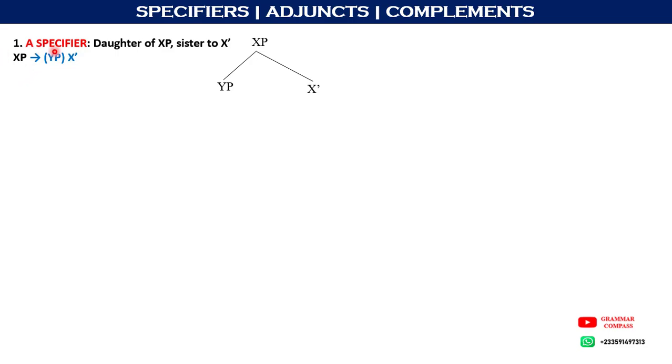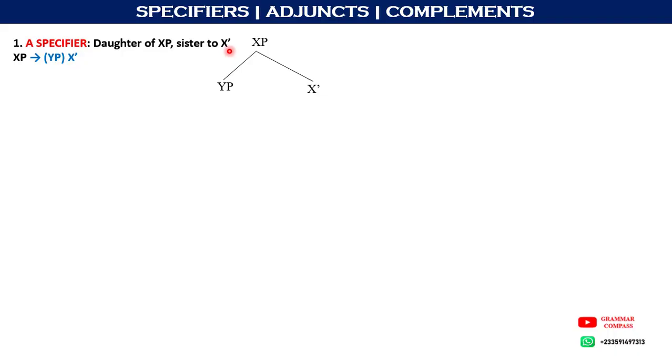The specifier. In our noun phrase structure, we learned that the specifier is the determiner, which is a sister to an N bar. This is the rule for all specifiers. A specifier is a daughter of a phrase and a sister to a bar. You have to take note of this. A specifier is a daughter of a phrase and a sister to X bar.